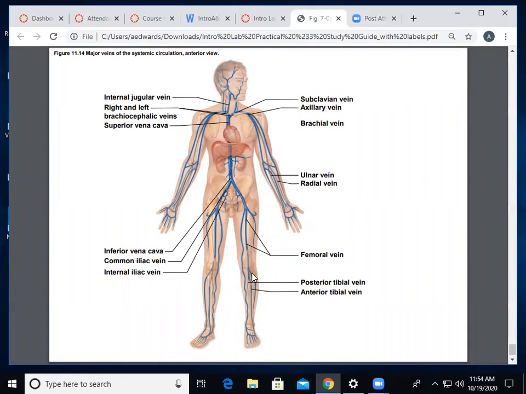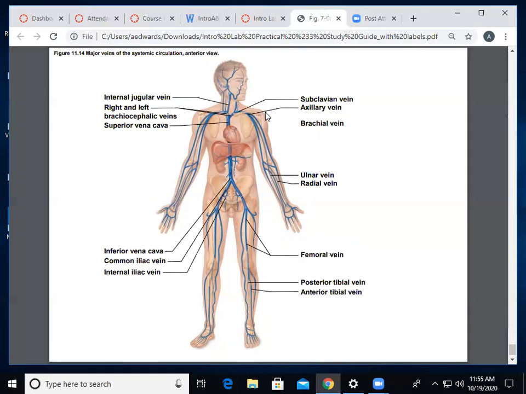All right. Now let's look at the veins. For the veins, since we're bringing blood toward the heart, let's start with the vein.